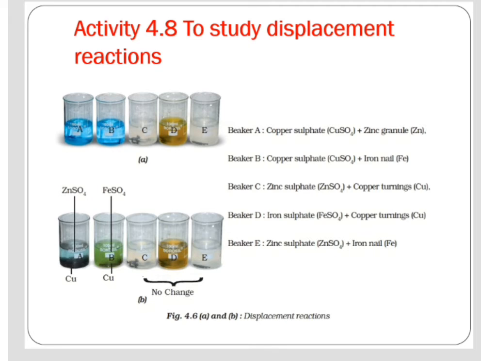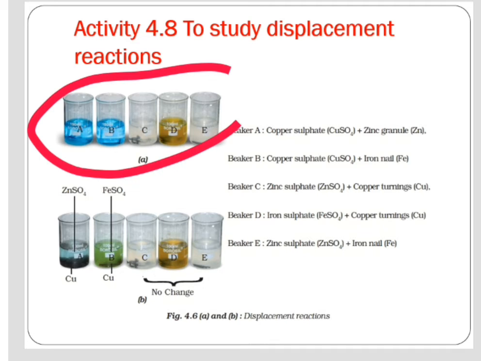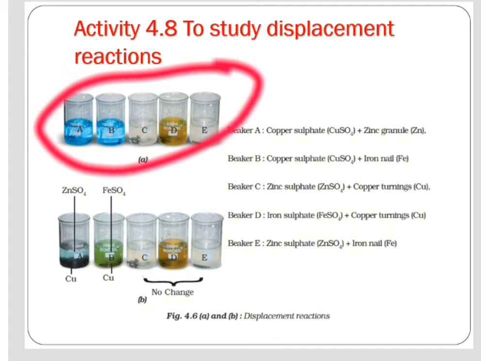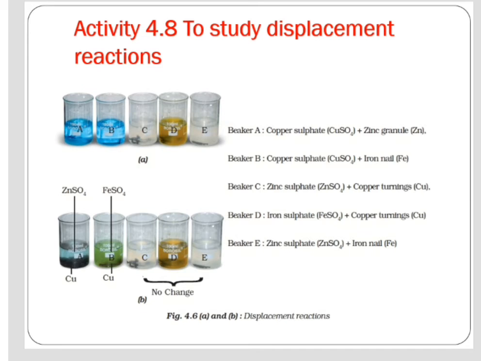Procedure: take five 500 ml beakers and label them A, B, C, D and E. Take 50 ml of water in each beaker.